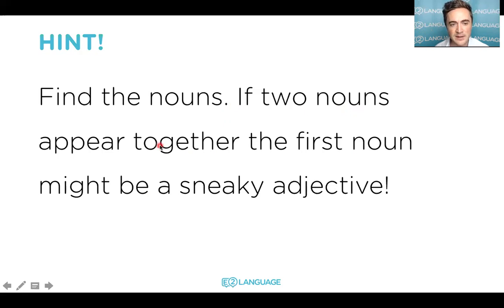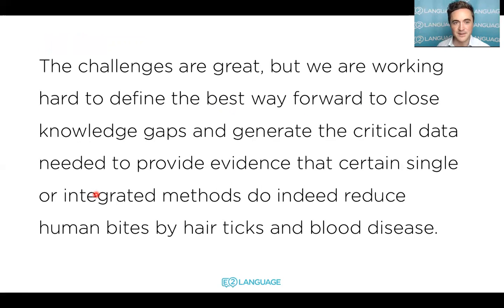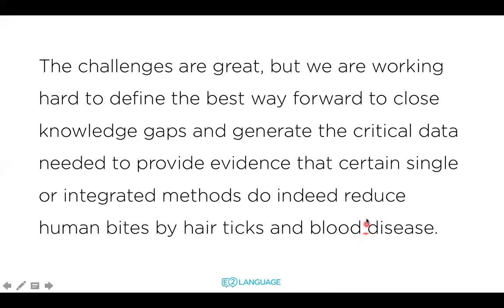If two nouns appear together, the first noun might be a sneaky adjective. This is going to test you. Here we go. Find the nouns. If two appear together, the first one's going to be the adjective. I think there are 4 in here.